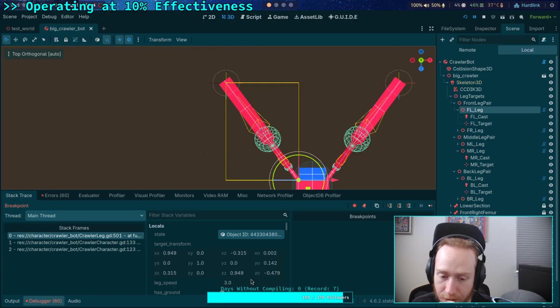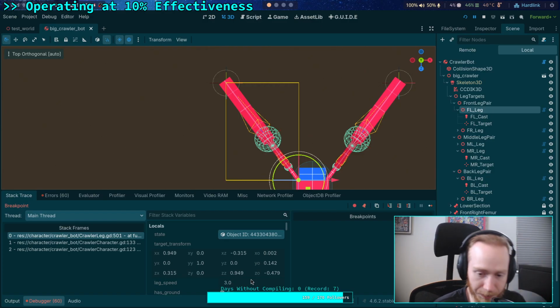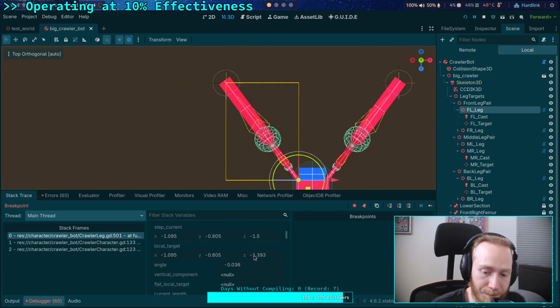No, that doesn't make sense. It says the leg is stepping backwards. It's coming closer to the body. This is closer to 0. What is step target?